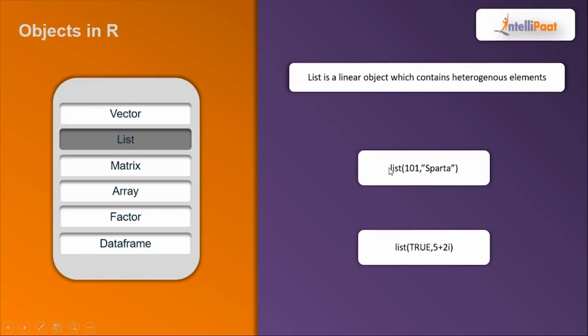First you will use the list function, and then you will give in the individual elements. Now we see that one element is of numeric type and the other element is of character type. Even though this is numeric, it will definitely not be coerced to character type. So this is the speciality of a list. You can pass in heterogeneous elements where the elements will not lose their core identity.